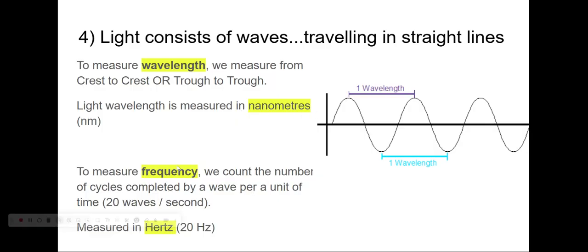And again, to measure frequency, you count the number of cycles within a certain amount of time. So how often is it going up per second? And we measure that in hertz. The most common place where we've all seen this is the radio selector inside your car.